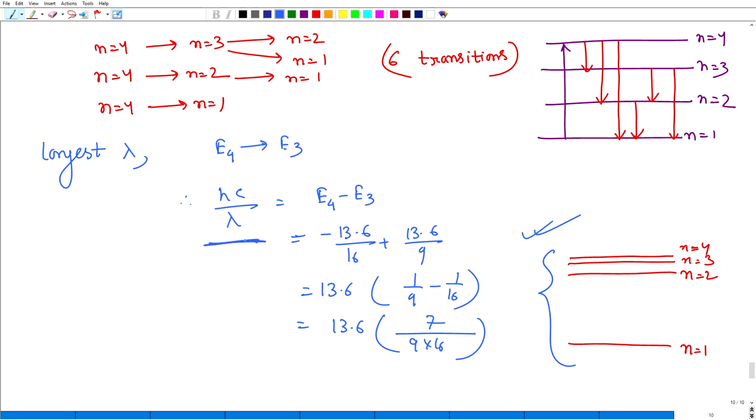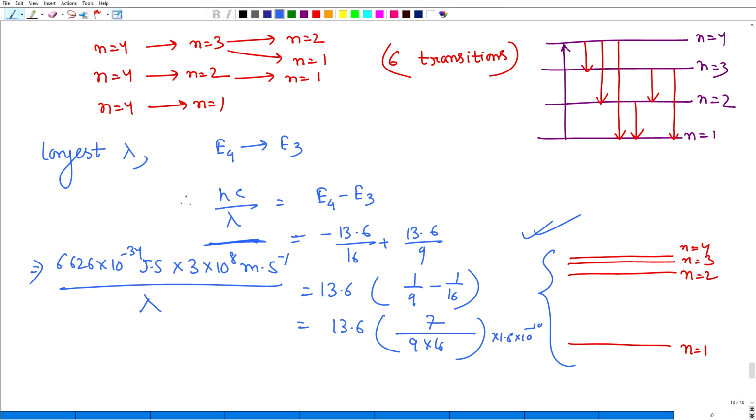This part again, the same calculation we have to do here. So this is hc by lambda. h is 6.626 into 10 to the power minus 34 joule second. c is 3 into 10 to the power 8 meter per second, and lambda is there. This is in electron volt, so we have to convert it into the joule unit, then it will be joule again, so it will cancel out, and meter will remain.